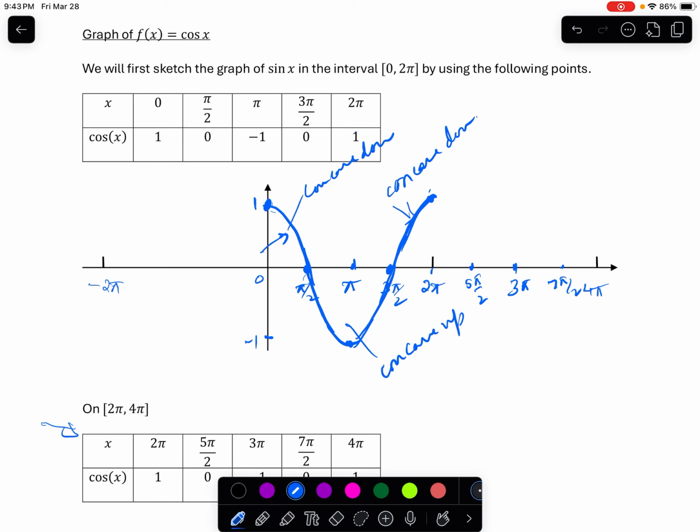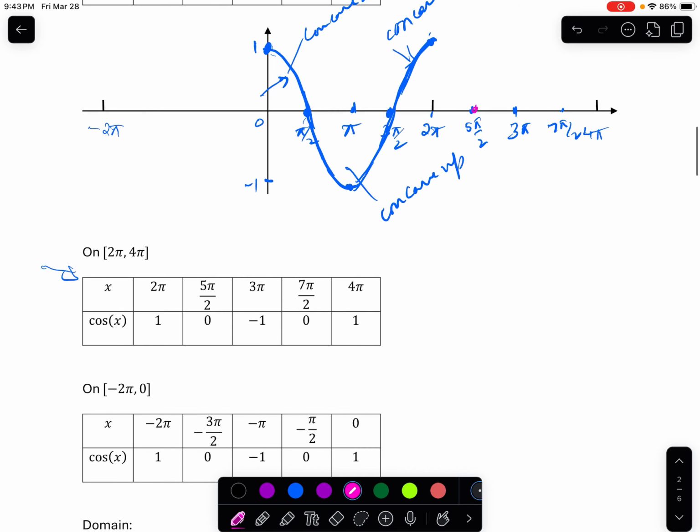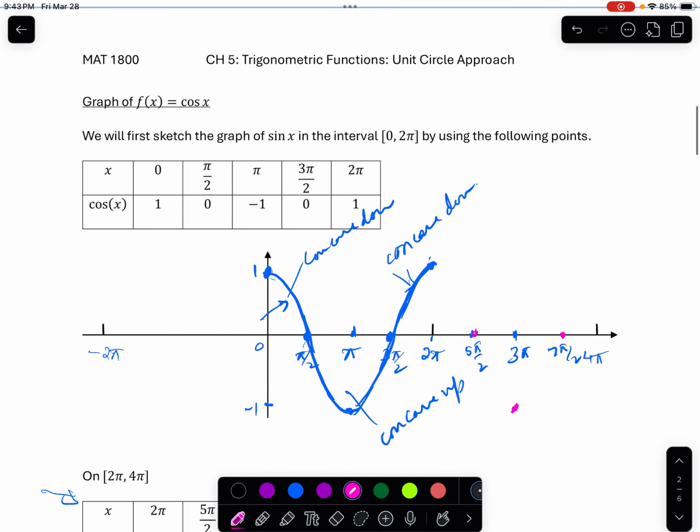And then at 5 pi over 2, the value is 0, so the graph will pass through this point. At 3 pi, the value is negative 1. At 7 pi over 2, the value is 0. At 4 pi, the value is 1 again.